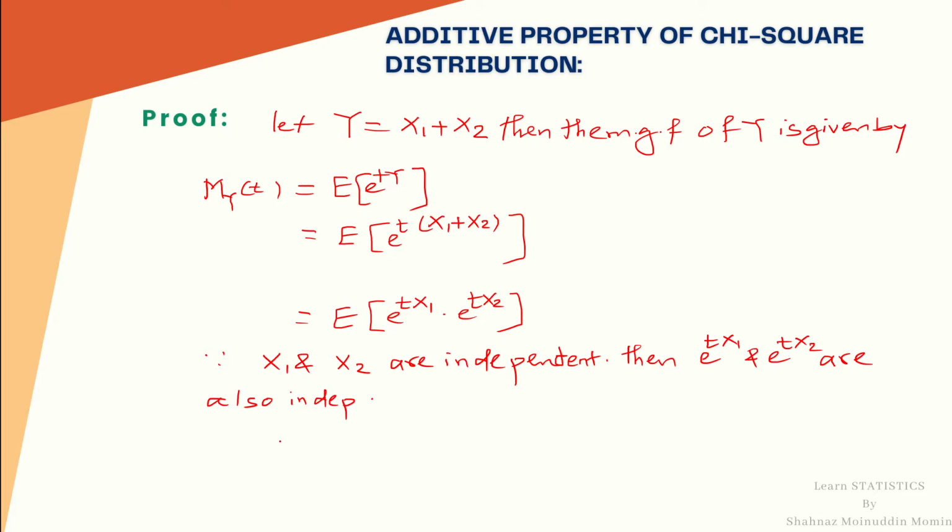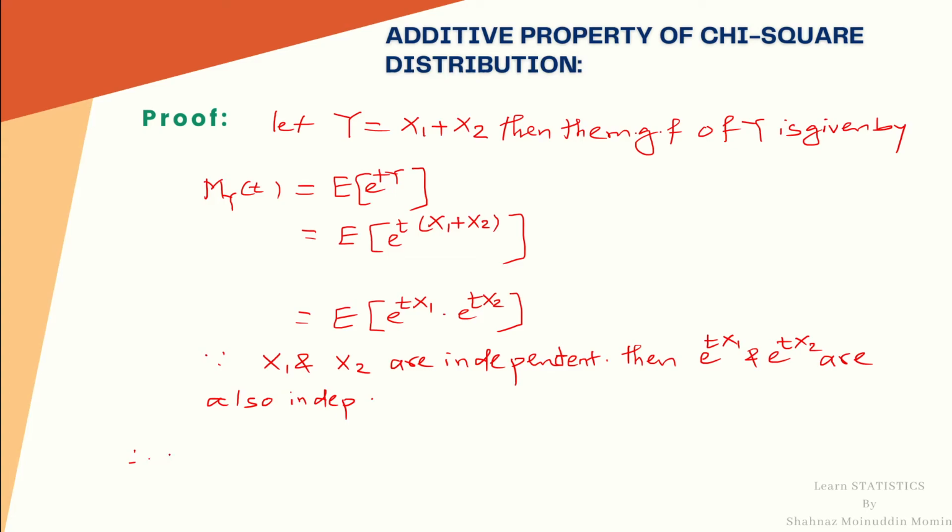In the mathematical expectation, we have studied a theorem that the expectation of the product of two independent random variables is equal to the product of their mathematical expectations. We will use that here.